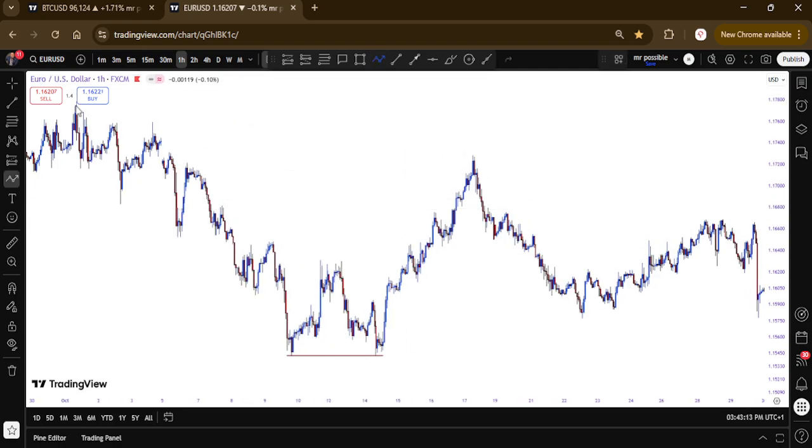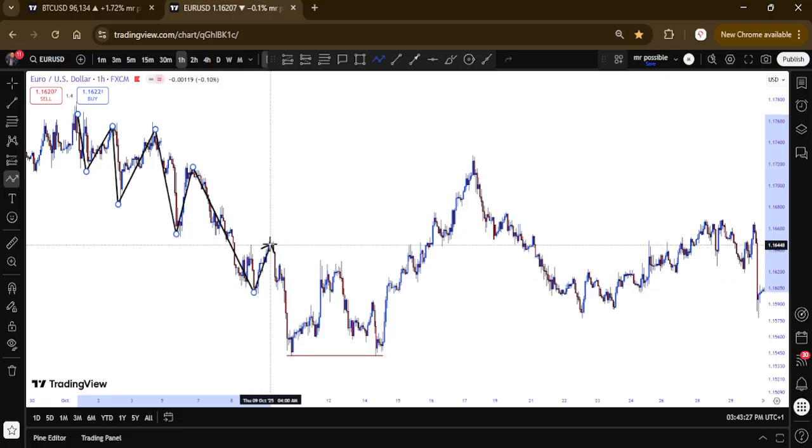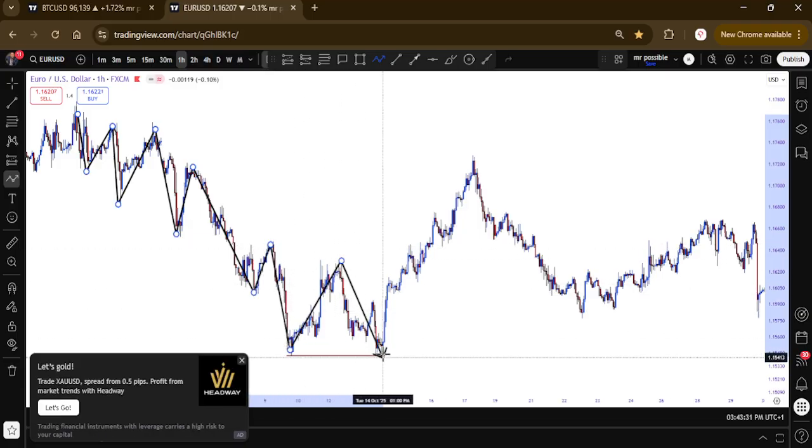We are having different levels of a downtrending market. As long as price keeps breaking support, it indicates a continuation of a downtrend. You see that? And then this high did not break this low. So when price broke this high, I will not consider it a change of trend.